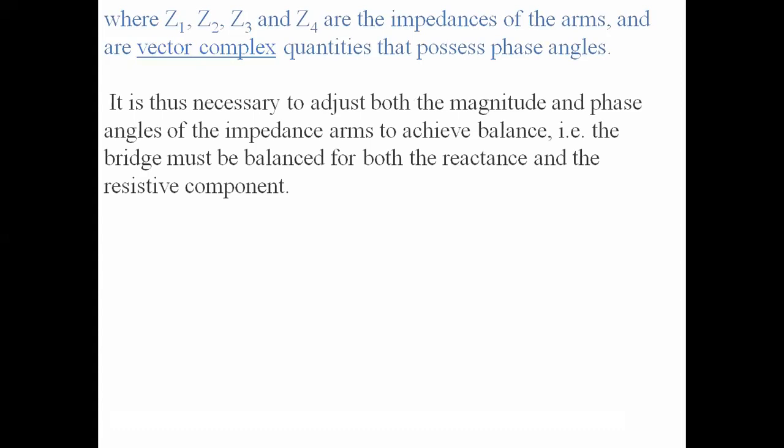That is, the bridge must be balanced for both the reactance and the resistive component. Here the real value is the resistance component, and the imaginary term we call the reactive component.